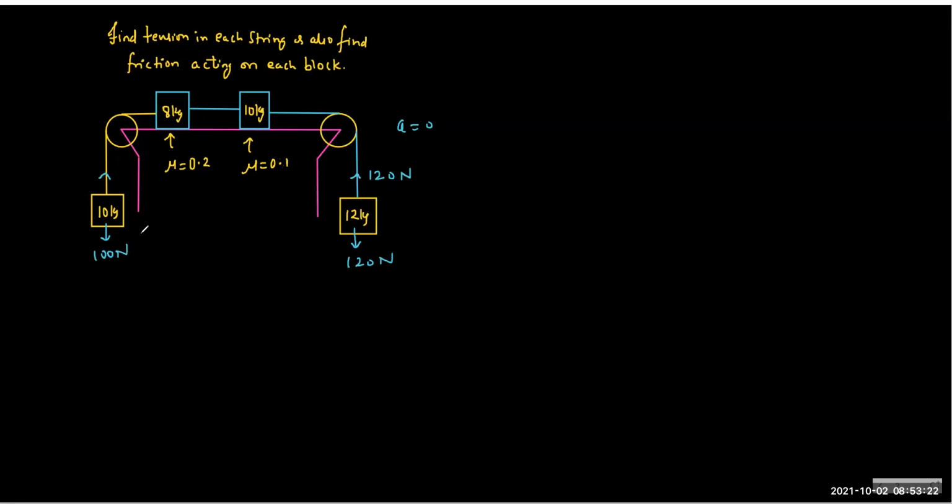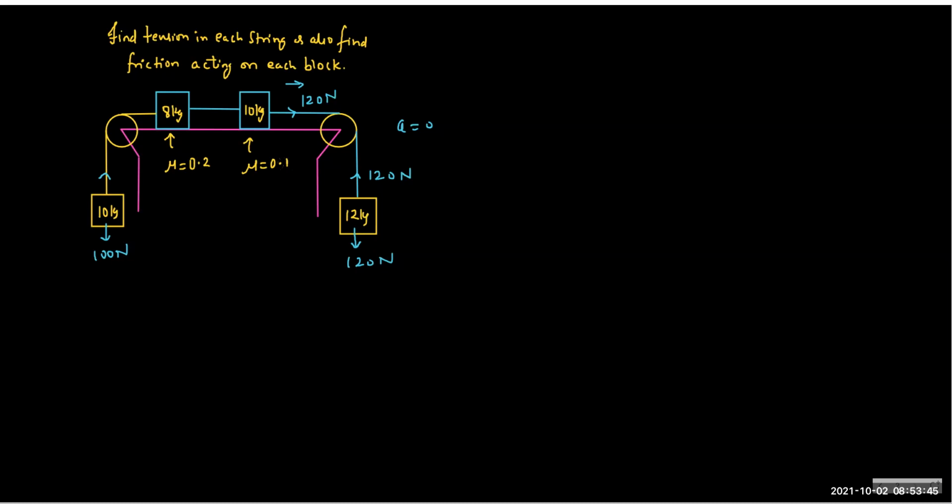Now the tendency is to go right because 120 is the bigger value, but there are many more things you can realize in the process. If I believe the tendency is towards the right, this force is going to be 120 for the tension.